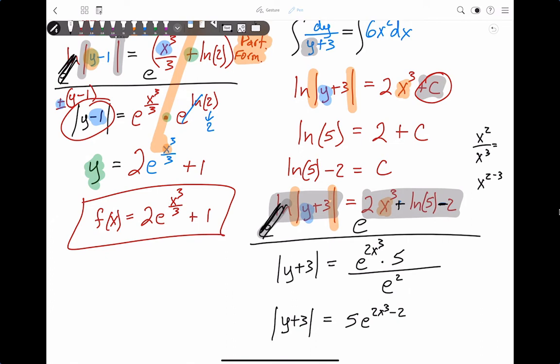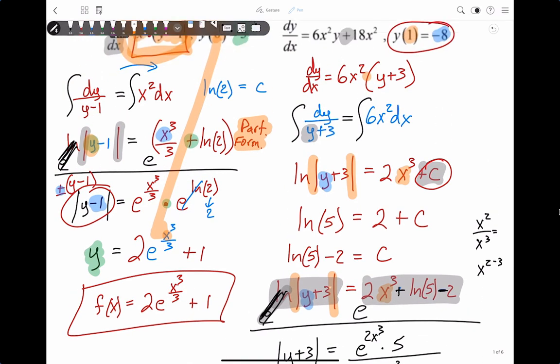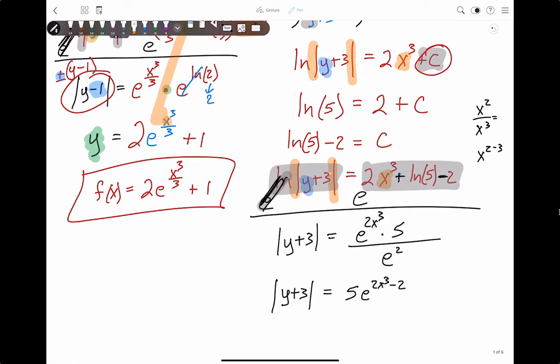Let's use our initial condition one more time to see whether or not it's going to be a positive or a negative. So we have 1 is x, and we have negative 8 is y. Okay? So, if I plugged in 1, well, then this would become 0, or e to the 0, because this would become 0, e to the 0 would become 1, and 1 times 5 is 5.